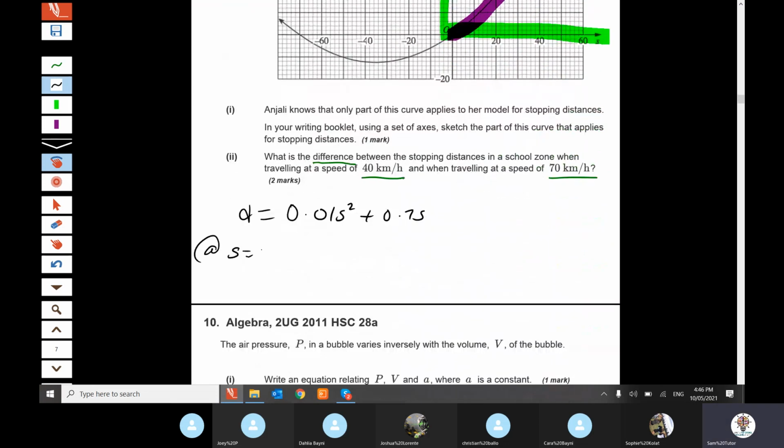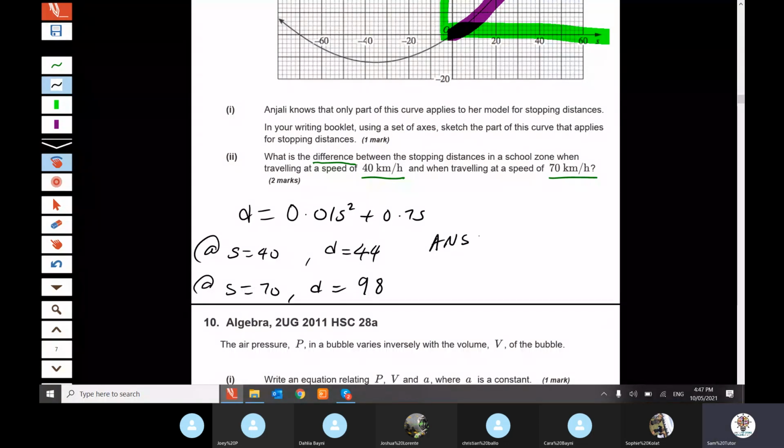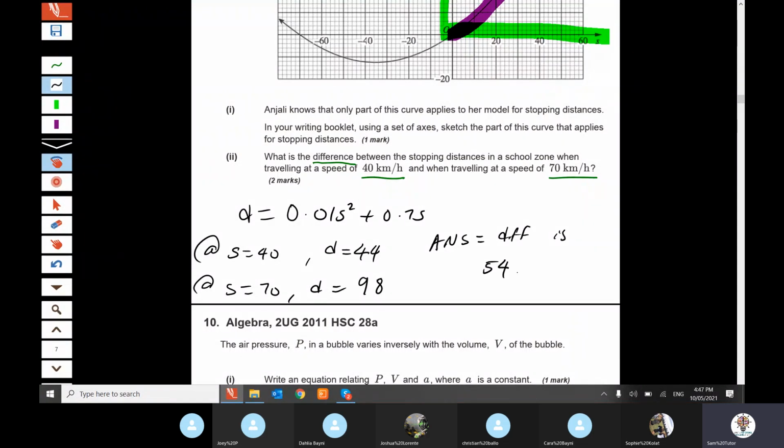At s equals 40, D equals, sub it in, I got 44, which we already know anyways, but at s equals 70, D equals 98. Answer the question. Difference is 54.